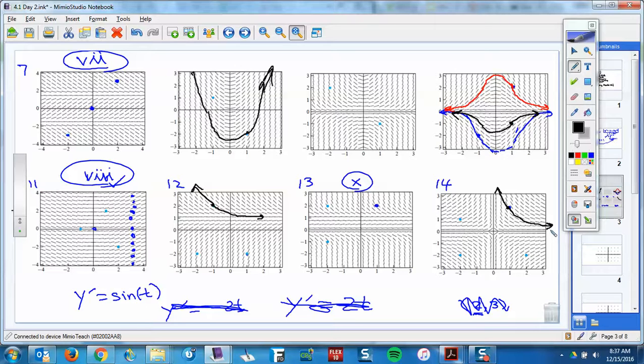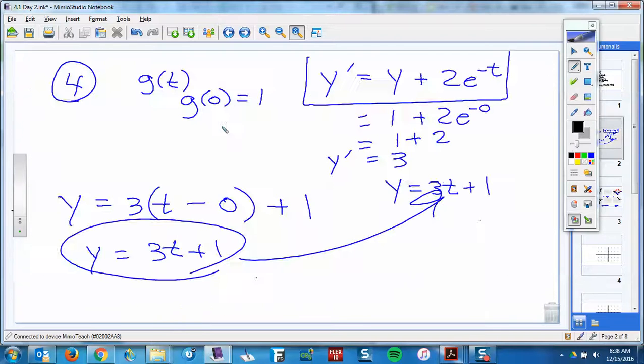This solution would be a branch up here, whereas if you had this initial condition, you would be getting this piece down here, right? You would have both of these as a solution. These are each individual solutions based on the initial condition. Okay? All right, so that's good enough for that right there.